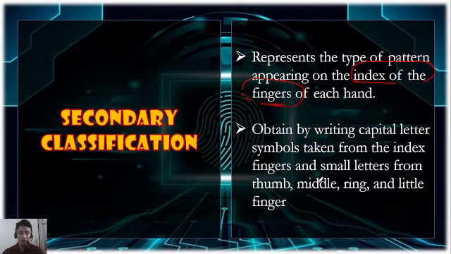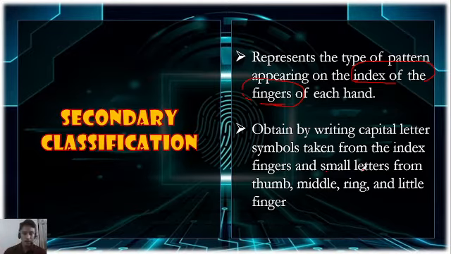However, we have here also the small letters group. So dito kasi sa secondary classification, meron tayo yung tinatawag na capital letter group and then the small letter group. Sa index finger, ulitin ko, ang gagamitin natin ay yung capital letter group. I'll be showing you as we move on.